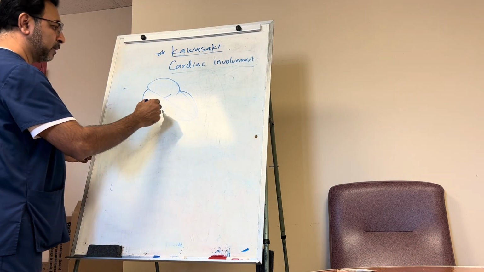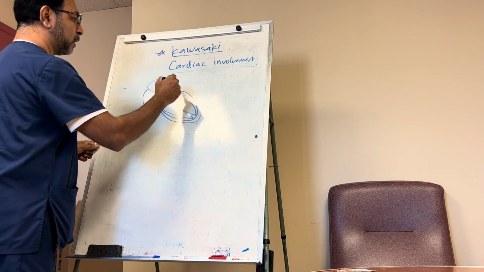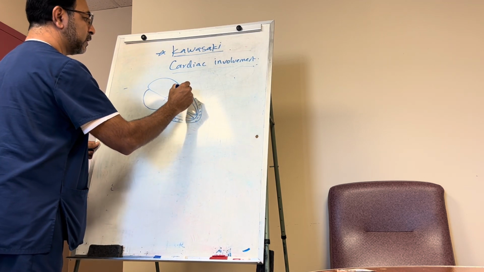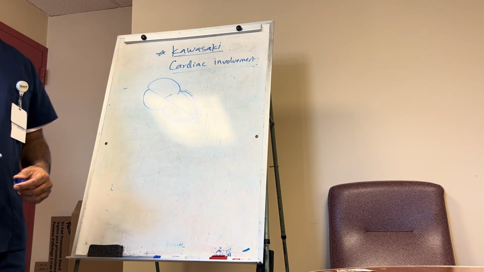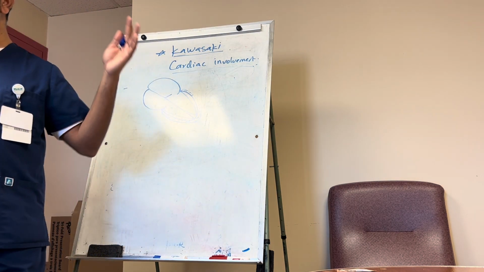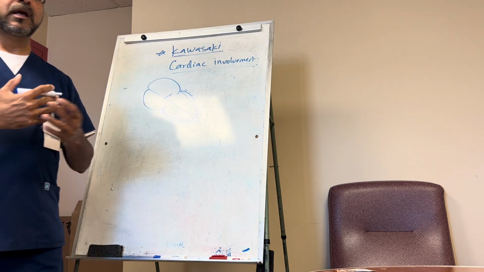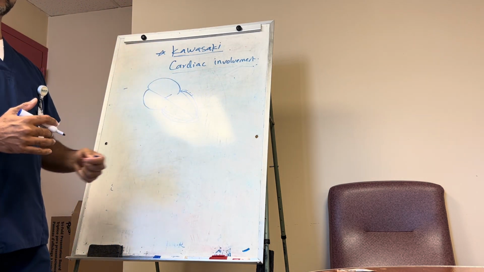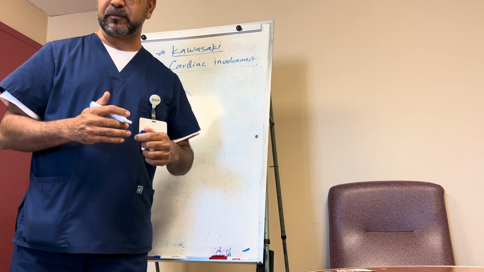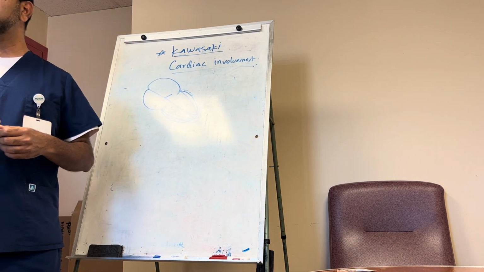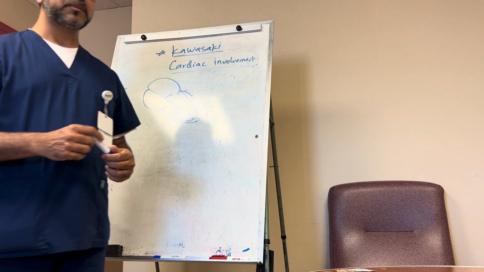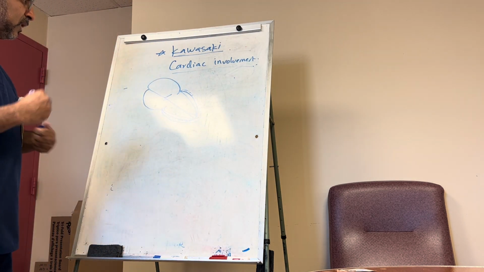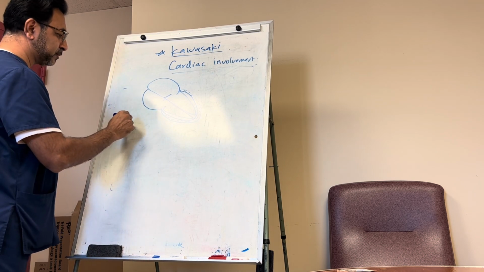You'll see pericardial effusion. That's how we make the diagnosis of pericarditis on echo, because you have inflammation outside the heart, and it presents itself in the form of pericardial effusion. And when you see fluid surrounding the heart, which is very easy to diagnose on echocardiogram, we say this patient has pericardial involvement. That's about pericarditis.